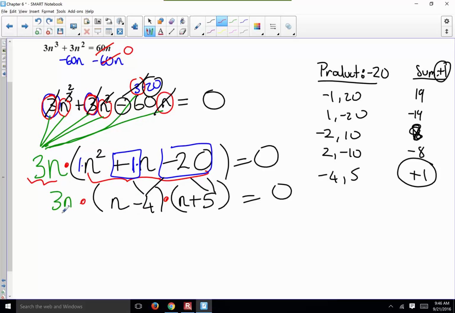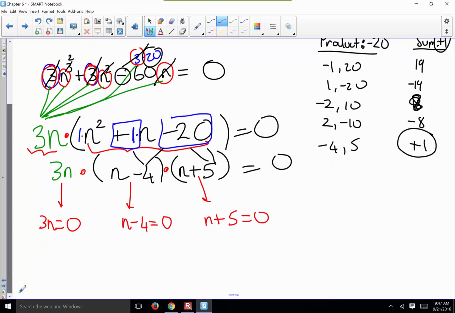Next, we set each into 0. 3n set into 0, n minus 4 set into 0, n plus 5 set into 0. Alright, how do I cancel 3? What is 0 over 3? 0.